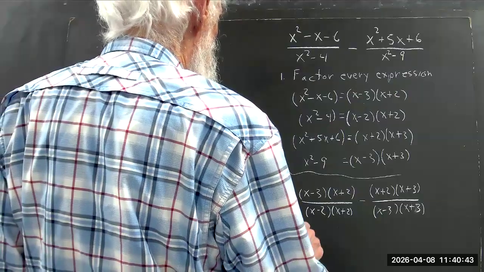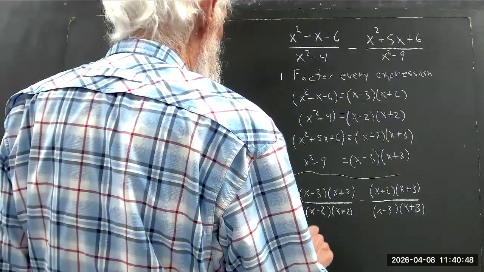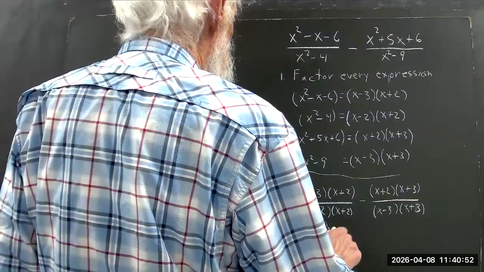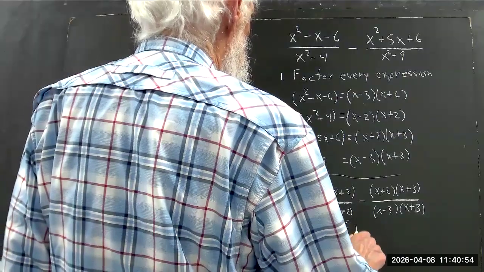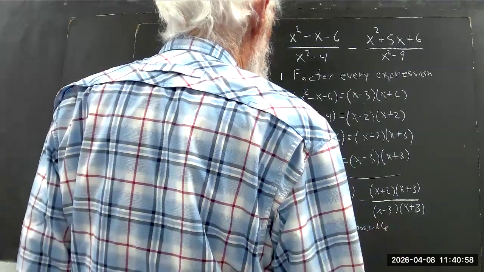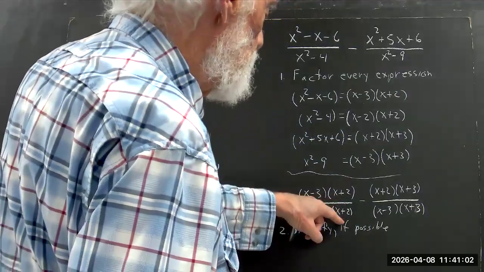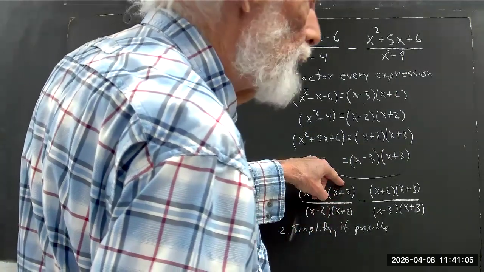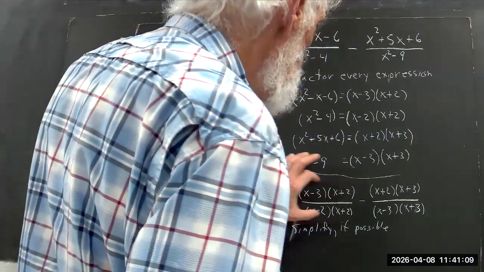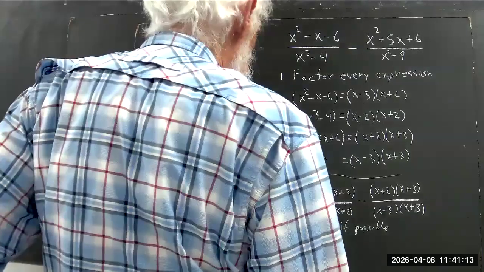Second, simplify if possible. Well, on the first fraction, x plus 2 in the denominator divides into the x plus 2 in the numerator, giving us just 1, which gives us 1 times quantity x minus 3 over the quantity x minus 2.